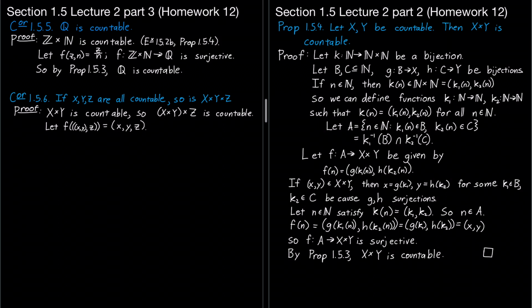So f is just a function that forgets about some parentheses. f is bijective. So X Cartesian product Y Cartesian product Z, that's the set of all ordered triples (x, y, z). That is countable.